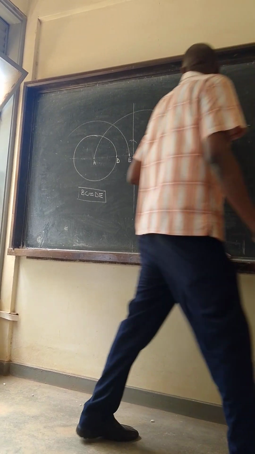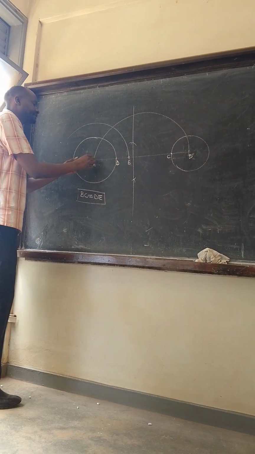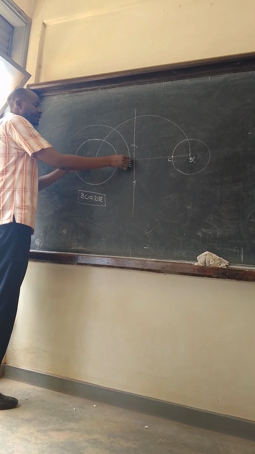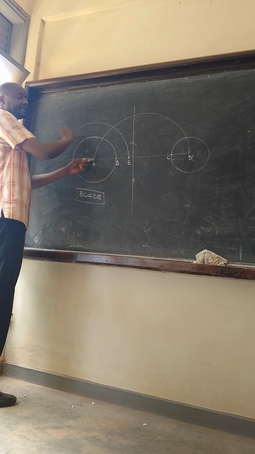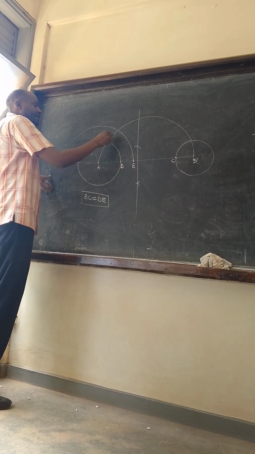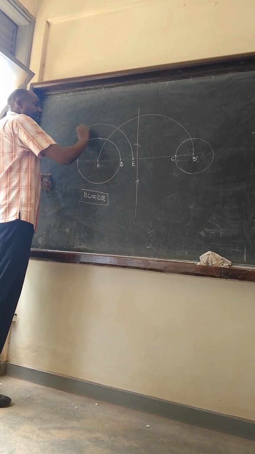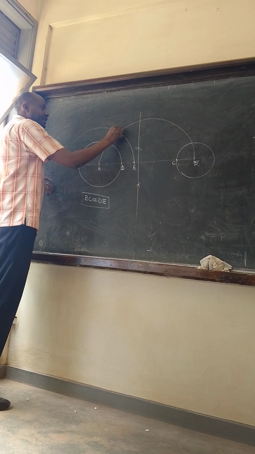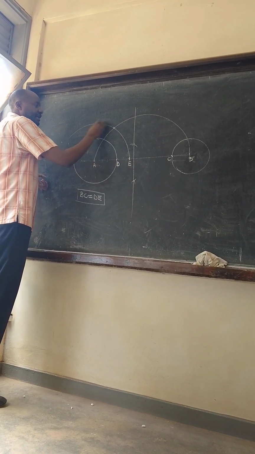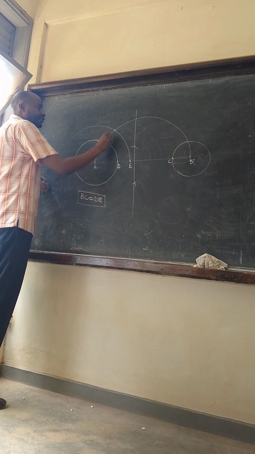Here I can just do an arc. So get center A, open up to E, and draw an arc. Instead of a full circle, an arc is enough. Where this intersects that one, we call it F. Still that circle which E intersected, we also call that point F.